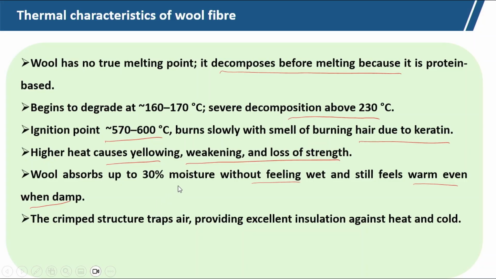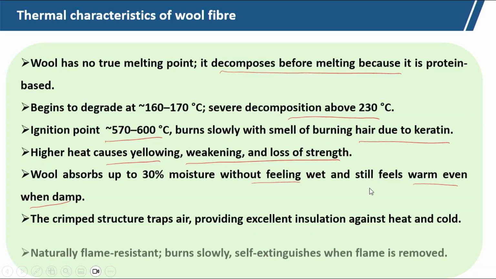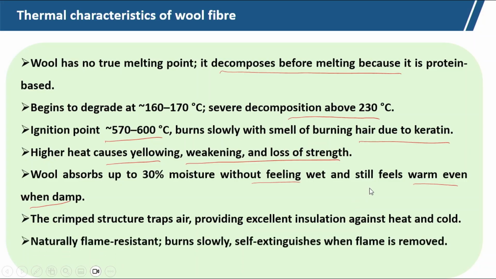In dry condition, the crimp structure traps air, providing excellent insulation against heat and cold. So, for extreme cold protective clothing, or even extreme heat protective clothing, like molten metal protection, we use wool fiber, which we will discuss in detail.